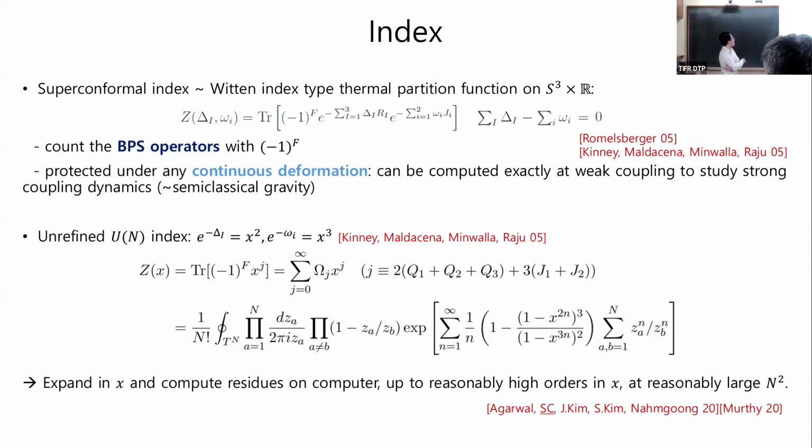So let's say this is just a normal contour integral. You can compute it using the residue theorem with a computer, up to reasonably high orders in x and reasonably large N squared, expanding in x.